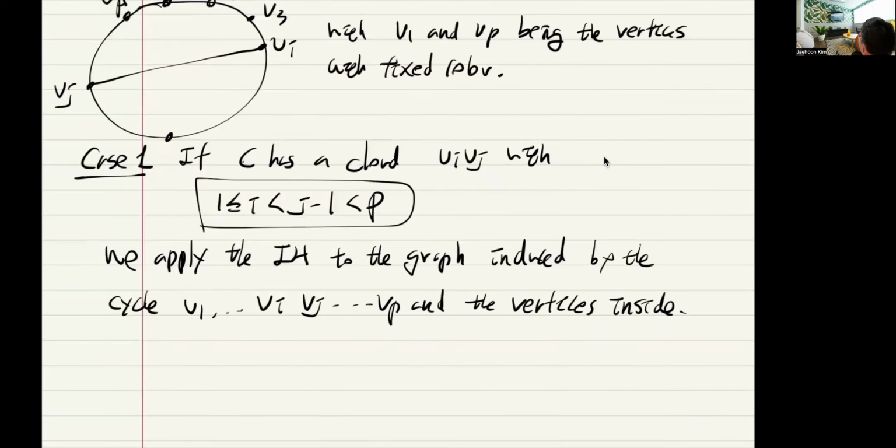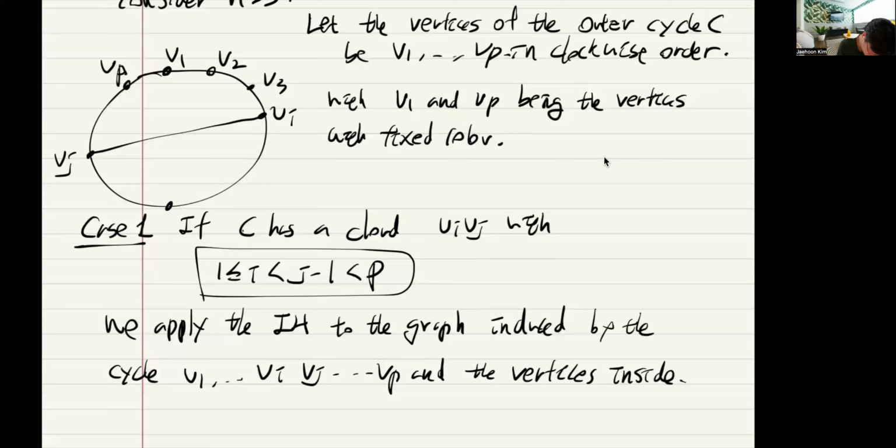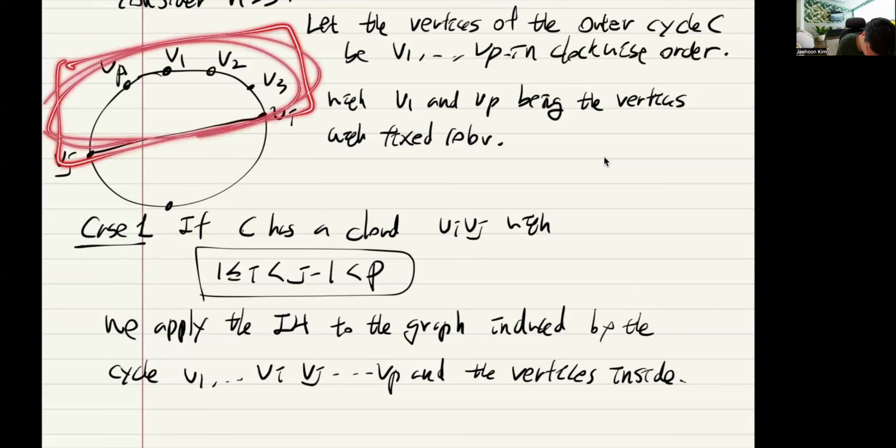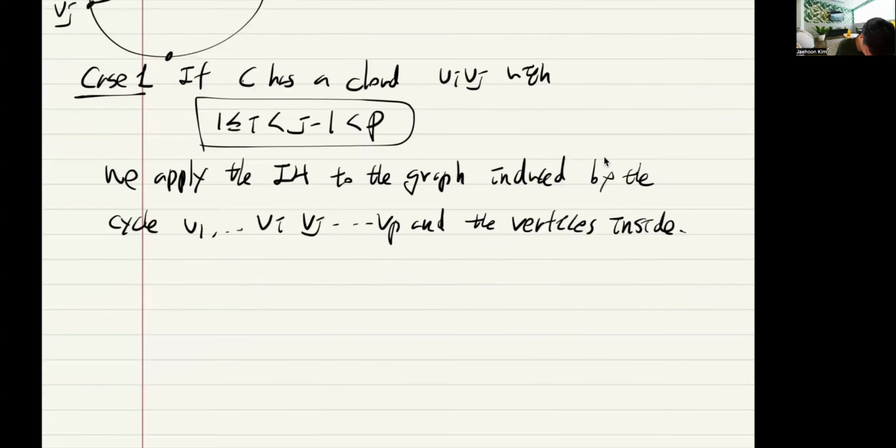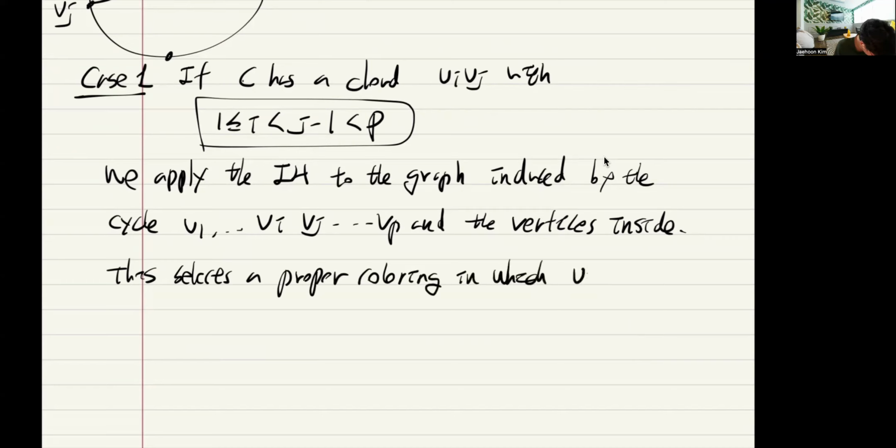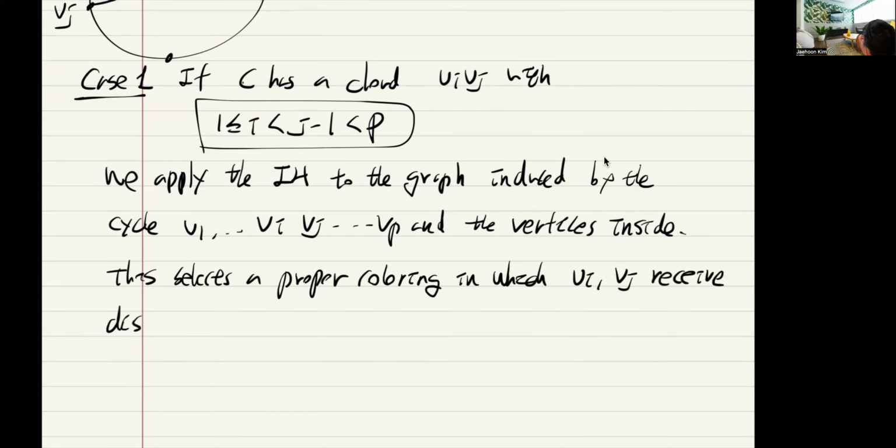Then what? This gives us the proper coloring of this, selecting from its list. It's the next proper coloring, in which Vi and Vj receive distinct, fixed colors.